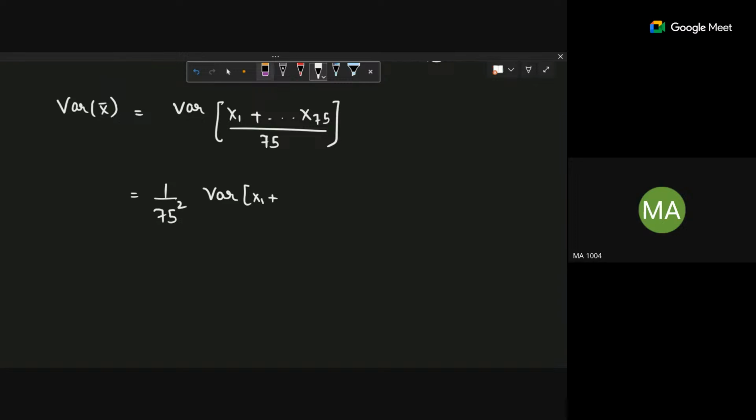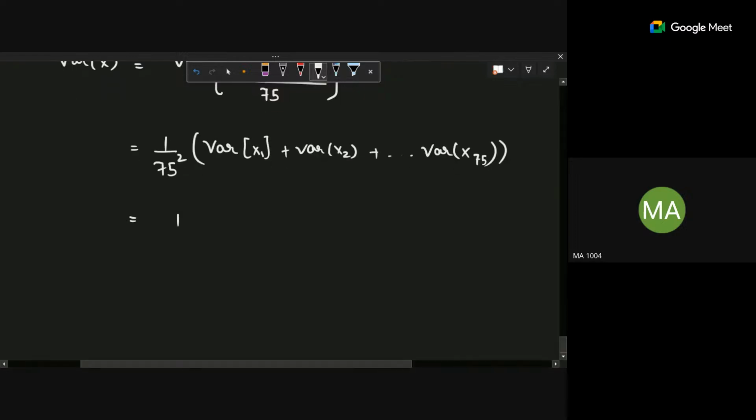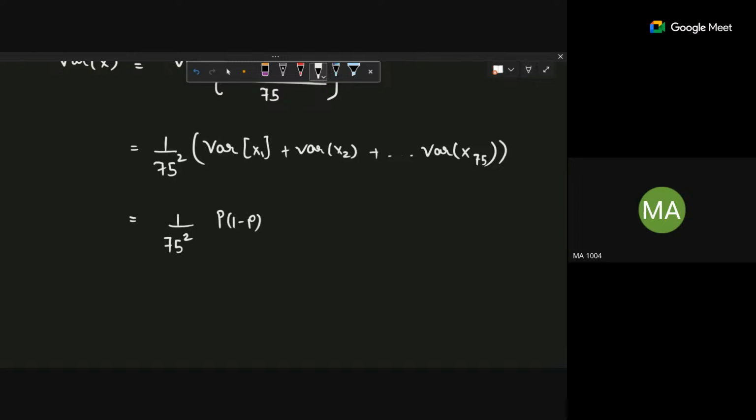variance of x1 plus x2 and so on up to x75. Again, xi are Bernoulli random variables. What is their variance? P into q, or P into 1 minus p, whatever you use.